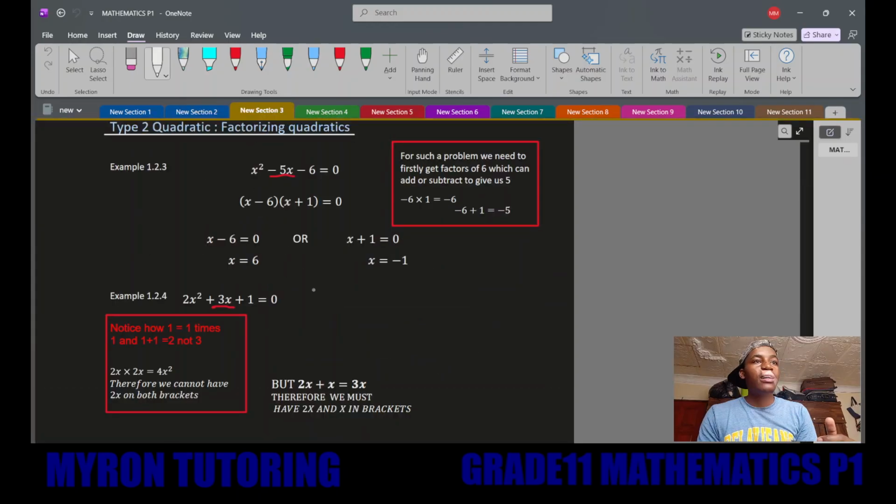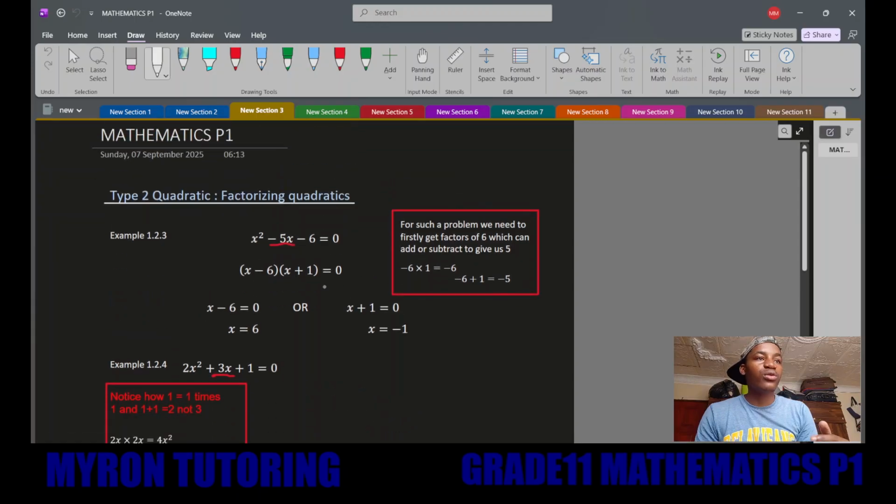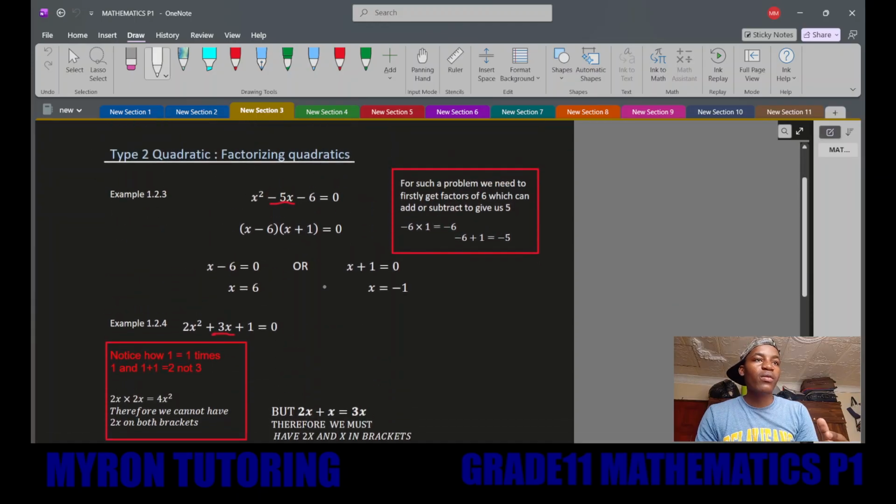Then further into factorization, we have a scenario where we have numbers like -5 in the middle, the term -5x. We can see that we cannot have even numbers like -2 and -2, or +2 and +2. So we need to be smart about how we're going to approach this. In this case, we go to the last term, which is -6.